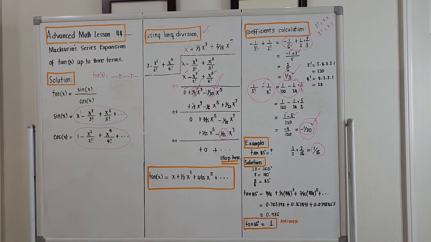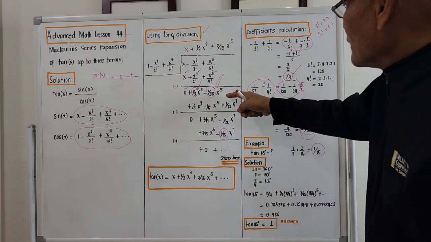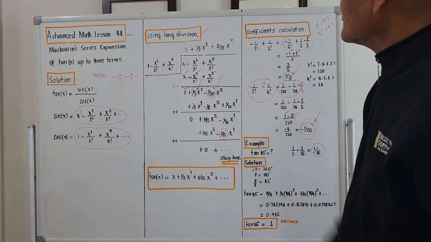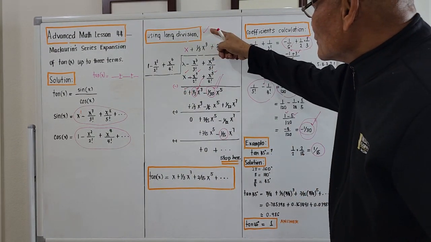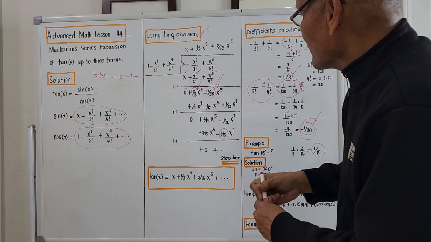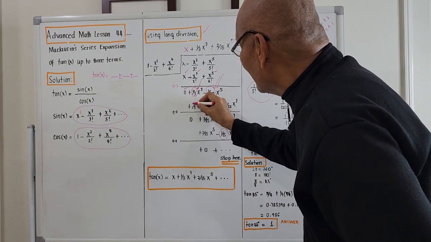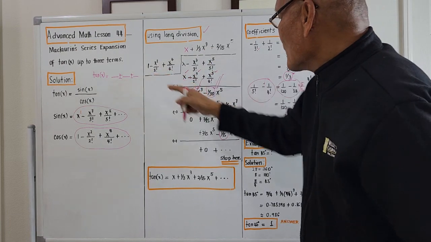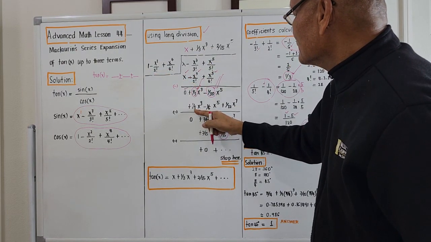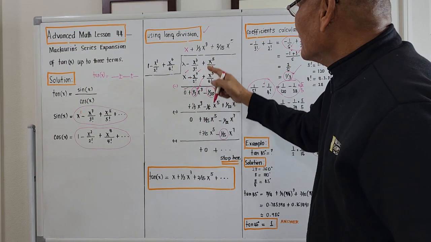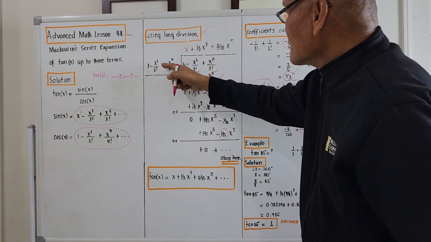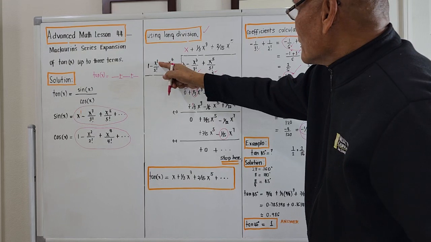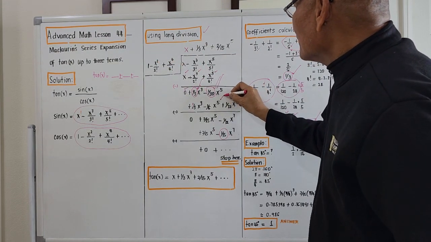Okay? So we now know the coefficients, right? So the next answer will be 1/3 x cubed. 1/3 x cubed times 1 is 1/3 x cubed. Then 1/3 x cubed times x squared over 2 factorial will be x squared times x cubed, that will be x to the 5th.